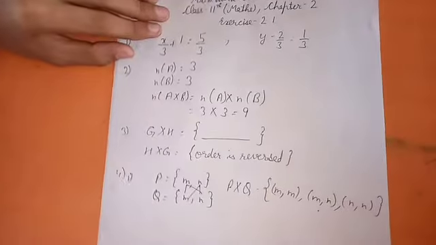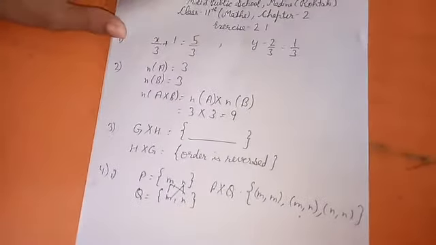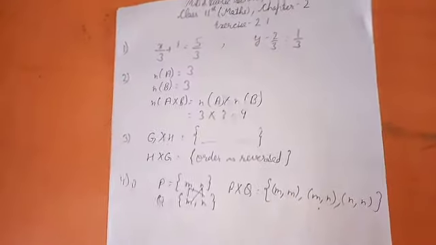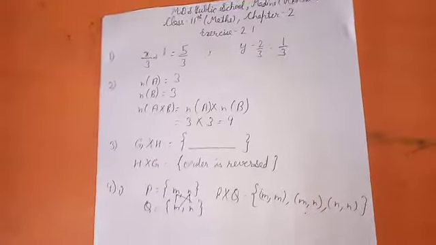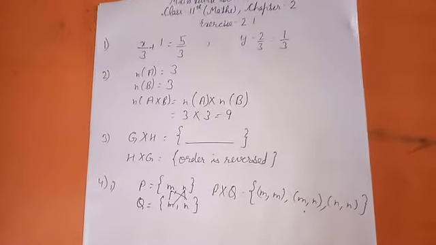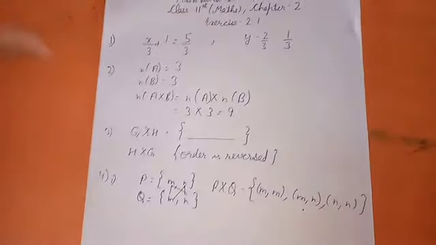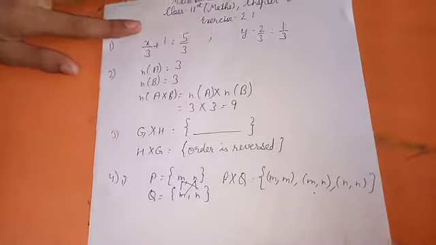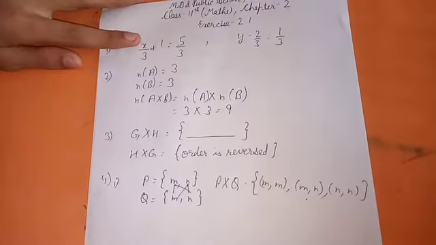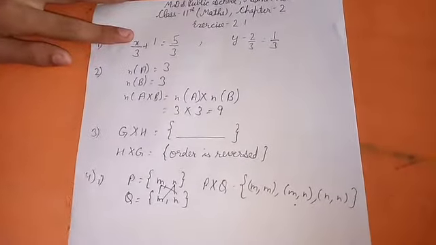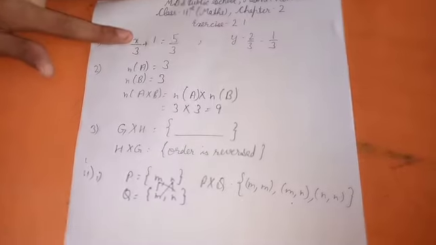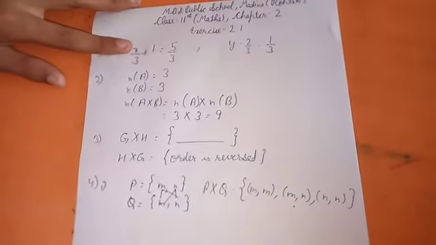We get 3 elements here, but they have given only 2. So this statement is false. First of all, I will write that this statement given is false, and then we write that P cross Q will be equal to this. Okay. Now second and third I hope you can do.